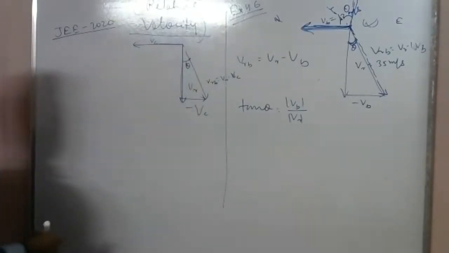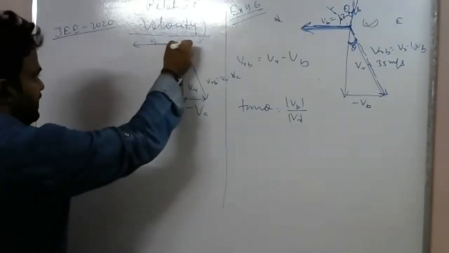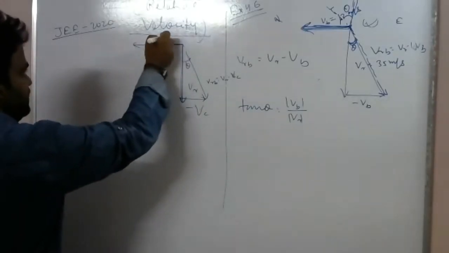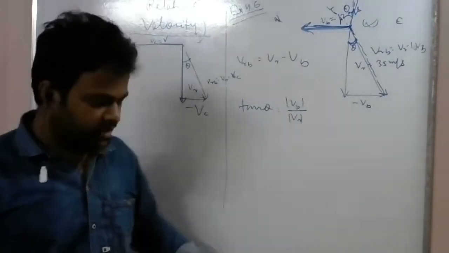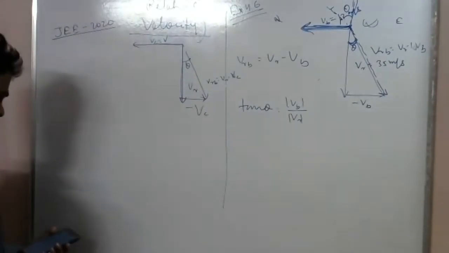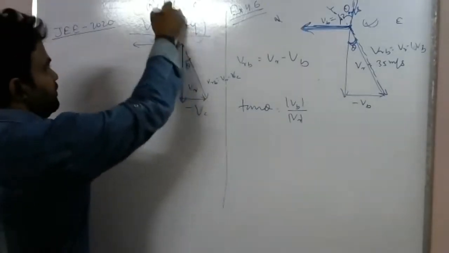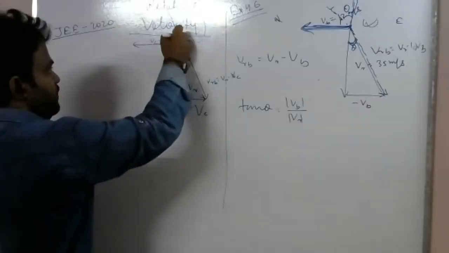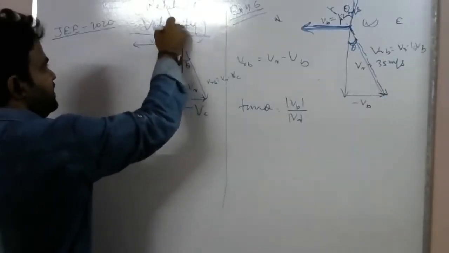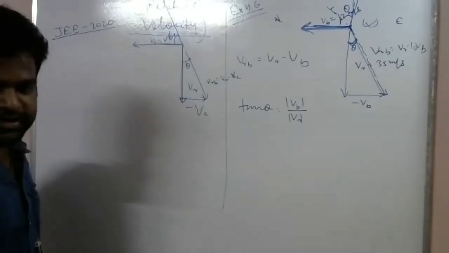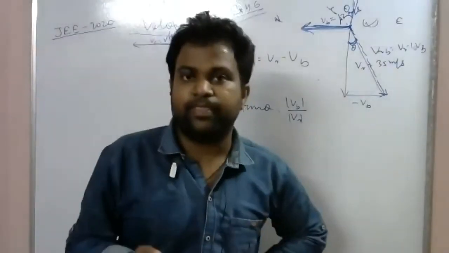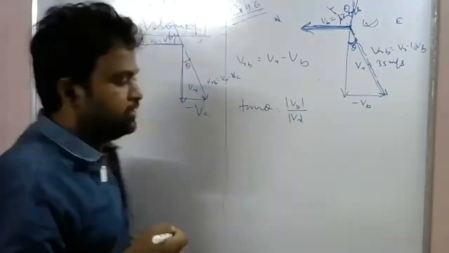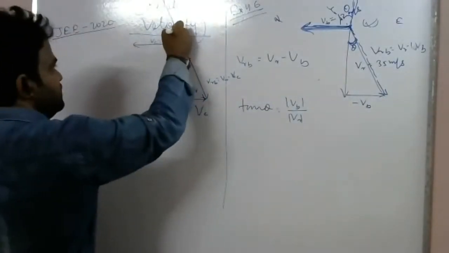The question is, when the car is moving with a speed V, what will happen? Now, your umbrella you are holding at 60 degrees with the horizontal, not the vertical. Pay attention to vertical and horizontal. In the question it is given that it is making 60 degrees with the horizontal.